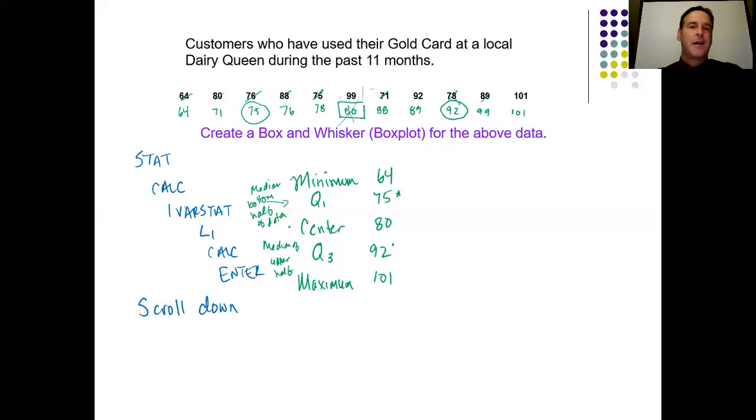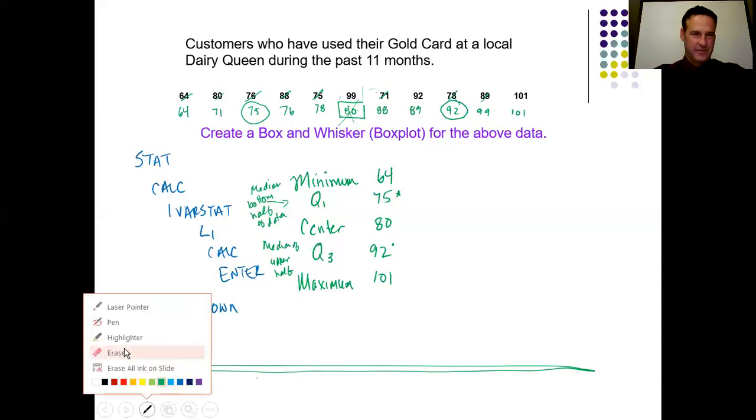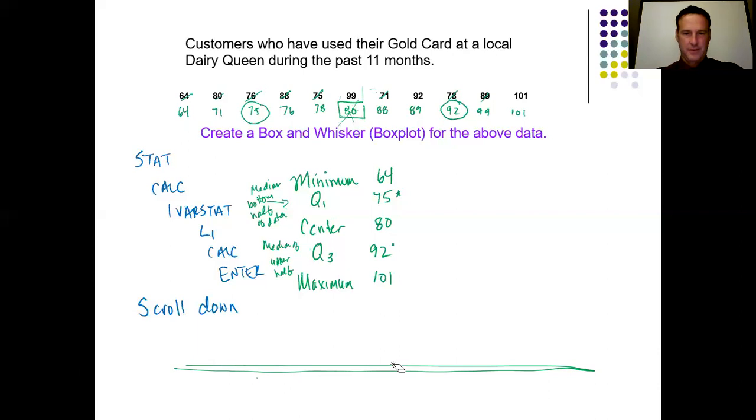All right, so here's what I'm going to do. And we have to be careful here. I'm going to draw a number line at the bottom here. Let me get rid of one of these.